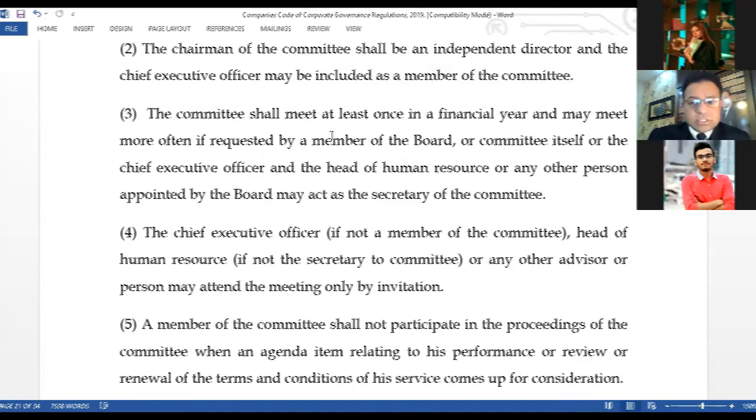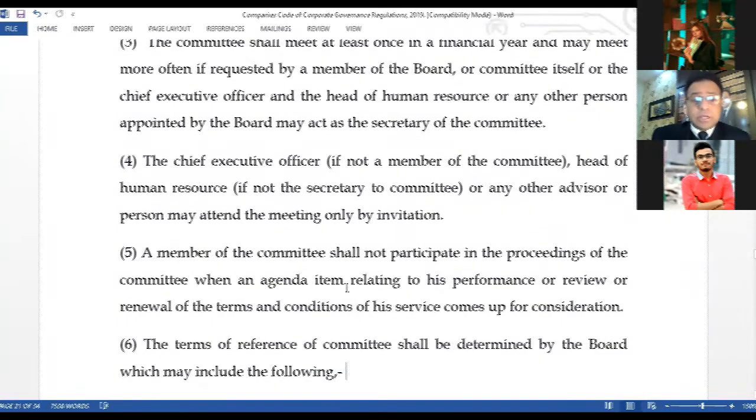So this is the beauty of this regulation, that it avoids conflict of interest and ensures that the company, especially this HR and remuneration committee, is functioning in a manner which is beneficial for the company.